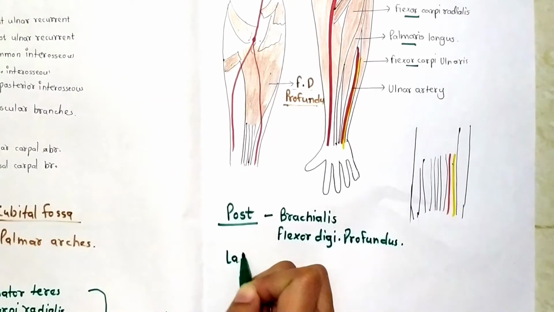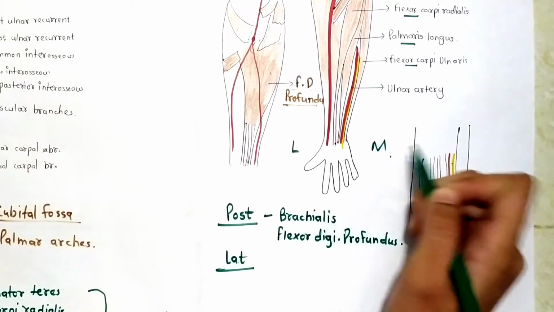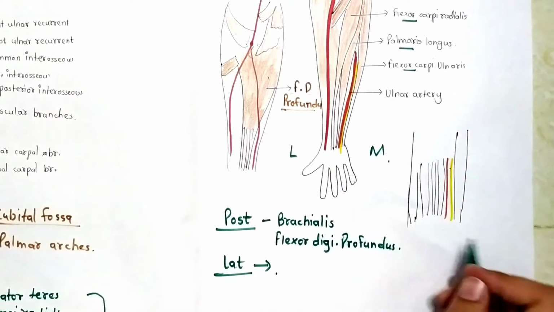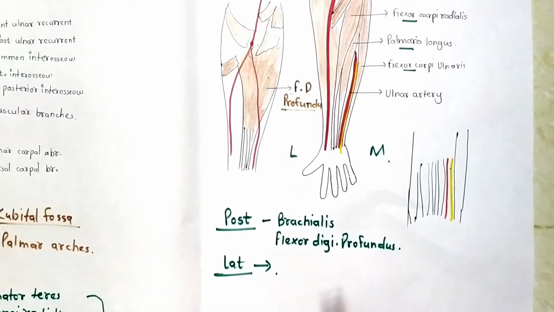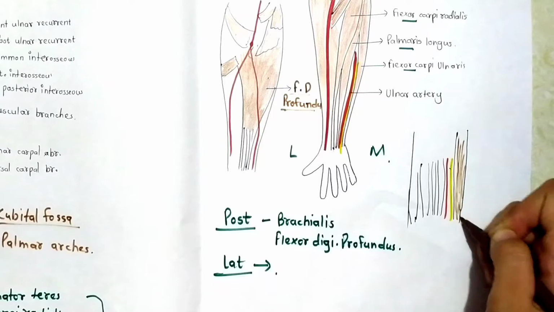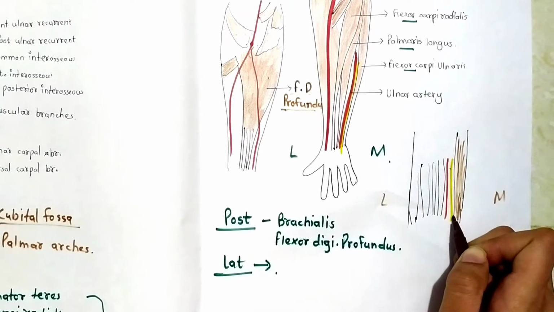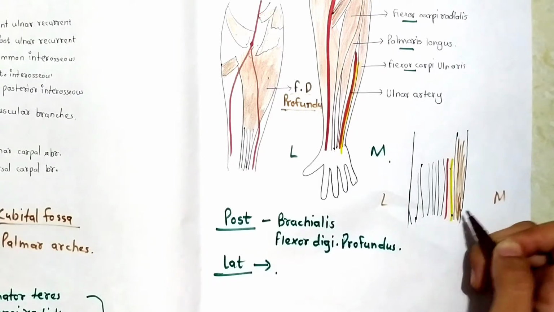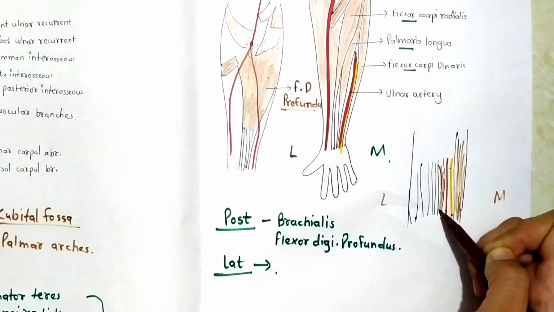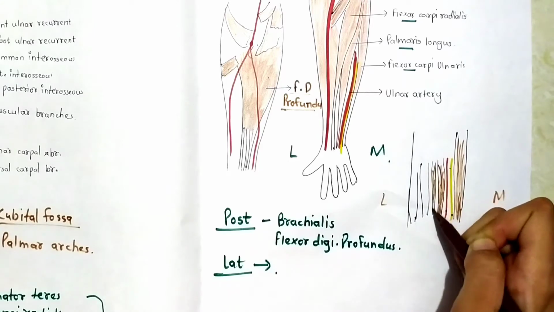Now the lateral relation. This one is the lateral, this one is the medial. In this diagram it is more clear. So this one is the flexor carpi ulnaris muscle, medial side and lateral side. Then there is the ulnar nerve. Then this is the ulnar artery. Then there is flexor digitorum superficialis muscle. Then there is palmaris longus.